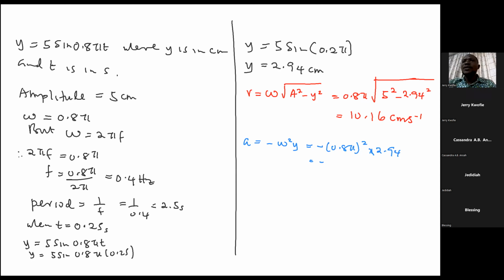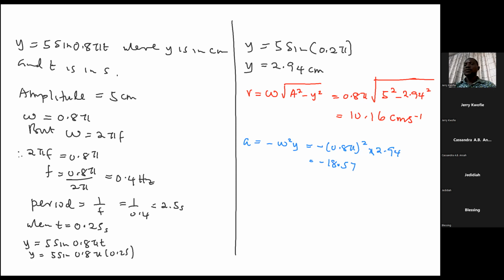Yes, what is the acceleration? All right, Blessing has negative 18.57. I think that is what I read.